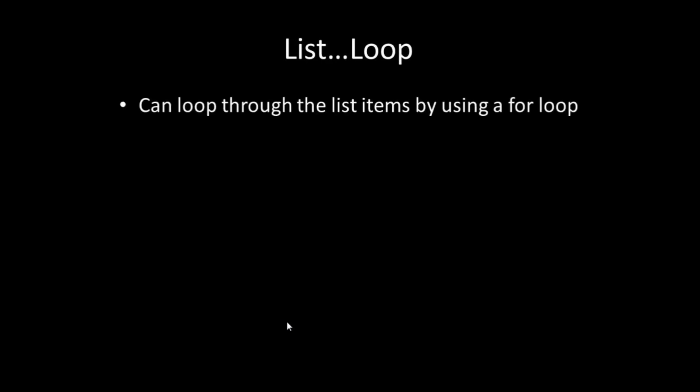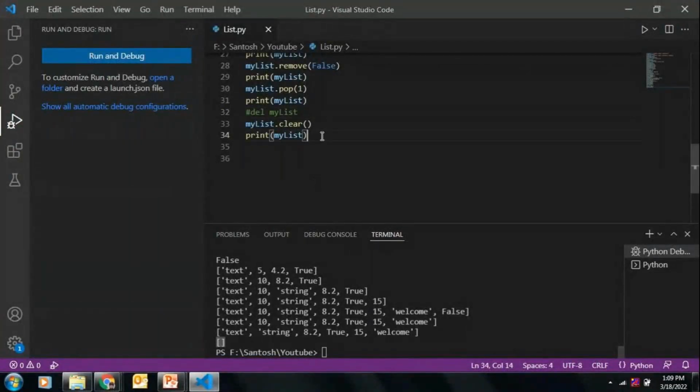Okay, we'll move on. Next is how to do the looping of the items in the list. So there are multiple ways in which we can loop through the items in the list. The first method is by using for loop. Okay, so let's see how to do it. It's very simple.